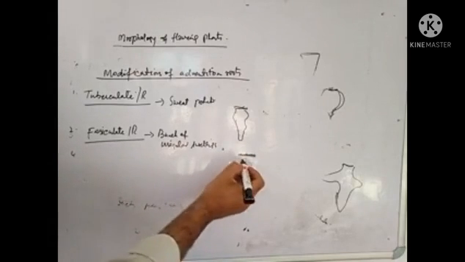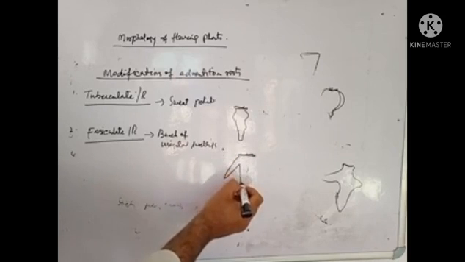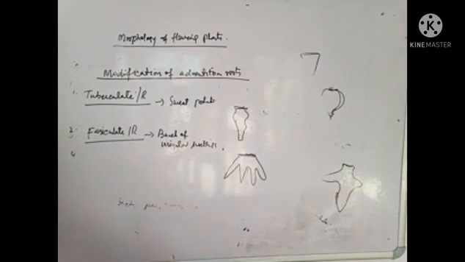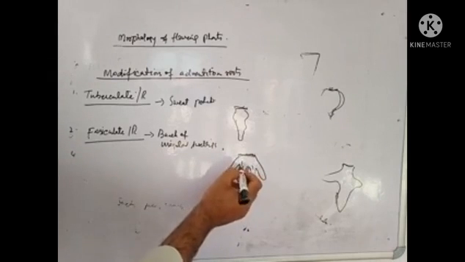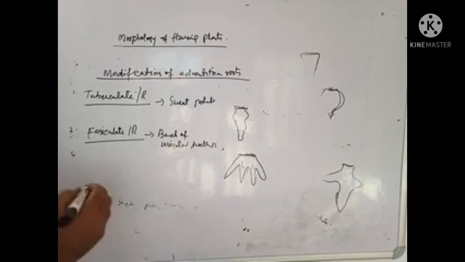From here these swellings start, a bunch of irregular swellings. That is why it is called fasciculate. And number third is palmate.